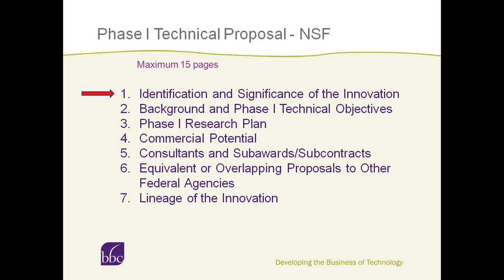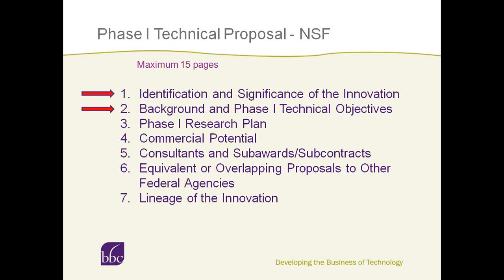For NSF, it could go in the first section here, identification and significance of the innovation, but you should be talking about the problem first and establishing the fact that it's an important problem. So I would think that the best place for your preliminary data is in the background section.